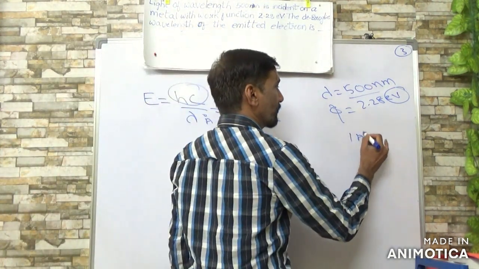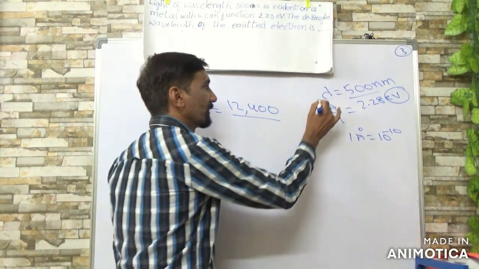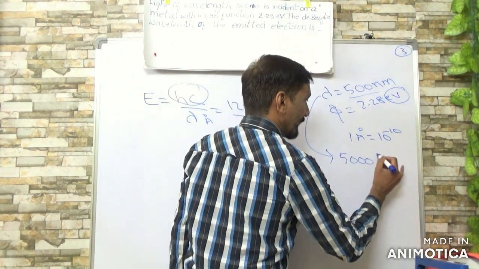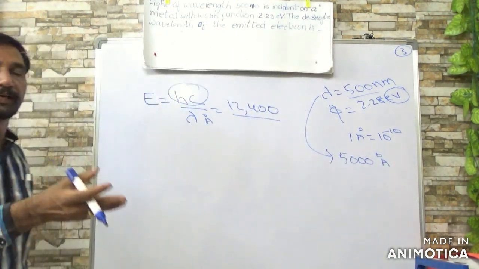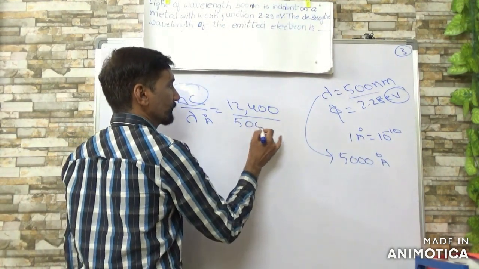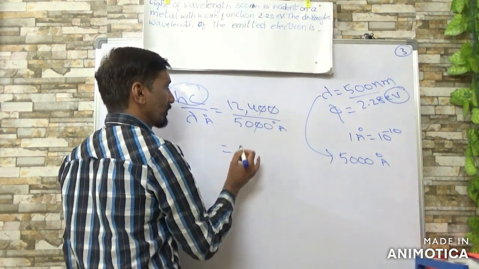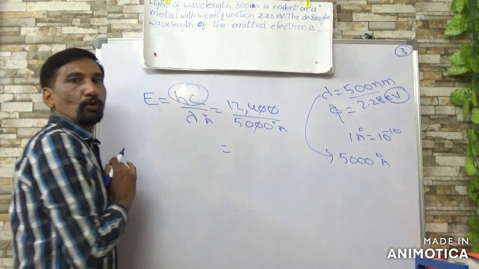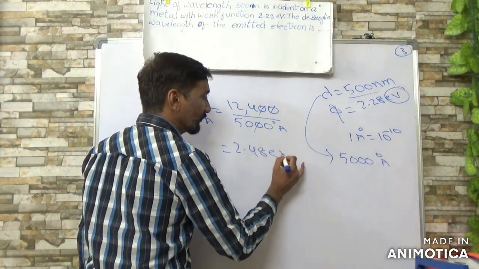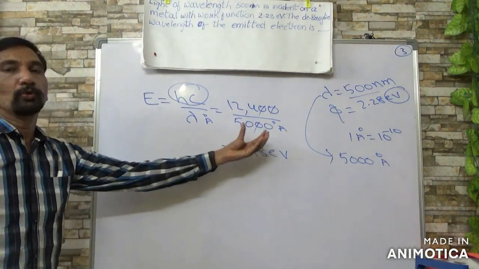You know, 1 angstrom equal to 10 power minus 10, so I am taking it as 5000 angstrom. 500 nanometers can also be taken as 5000 angstrom. So 2 zeros cancelled, 124 by 50, nothing but 2.48 eV, electron volt.